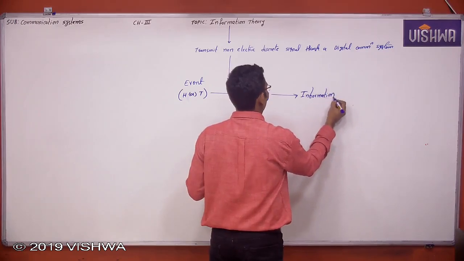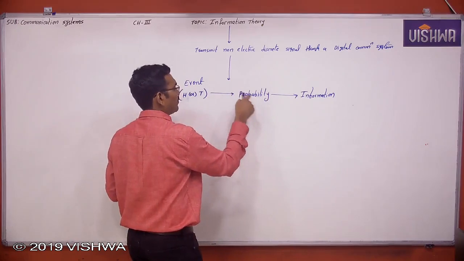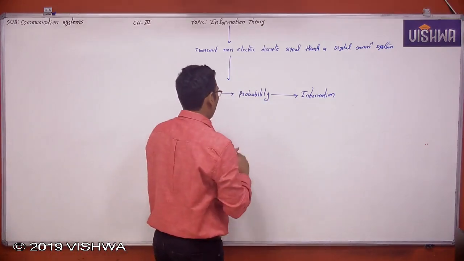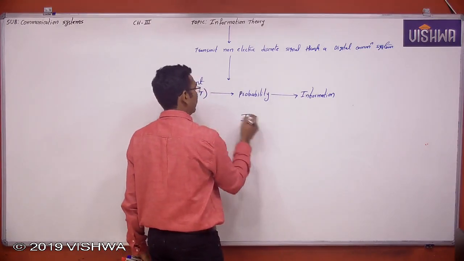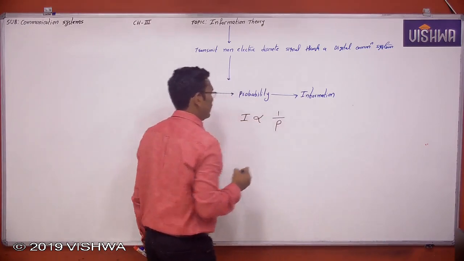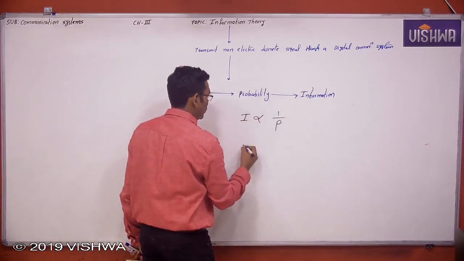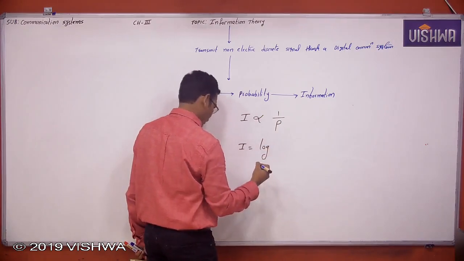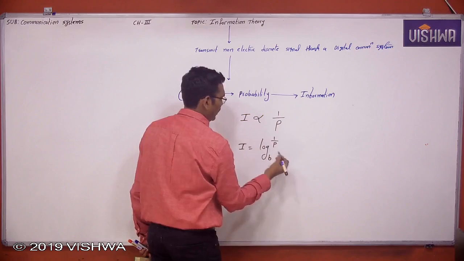The information associated with an event depends completely upon the probability. Therefore, the information associated with an event is inversely proportional to the probability of occurrence. If we remove the proportionality, we put a constant, which gives log 1 by p to the base b.